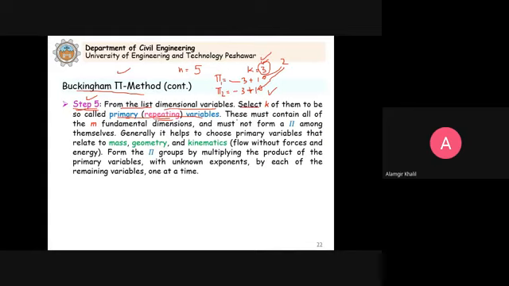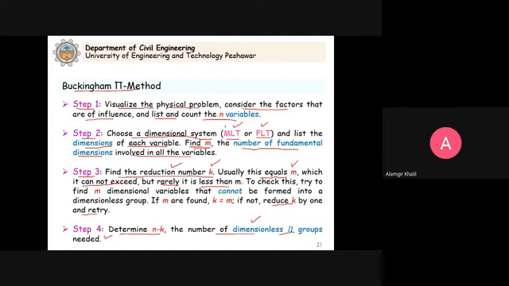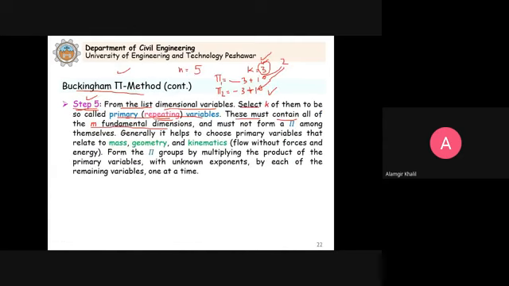Your textbook says that these must contain all of the m fundamental dimensions. When you select them, you should ensure that they contain all of the fundamental m dimensions. Means they should contain mass, L, and time preferably. Remember, these are guidelines. Follow as much as possible. And these must not form a pi group among themselves. Why? Because if these 3 form a pi group, if you combine with one more, how will you make a dimensionless pi group?